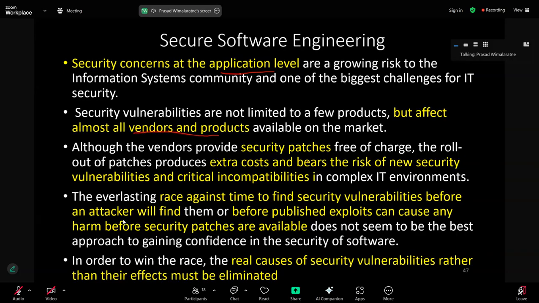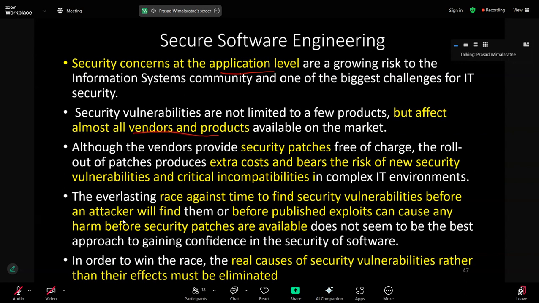Because you try to find the problem, they find something else, so it goes on. So therefore, looking at the root cause rather than the symptoms is important. So the real cause of the security vulnerability rather than the effect of the vulnerability. So we need to look at the root cause. If we fix them, we have fewer problems.